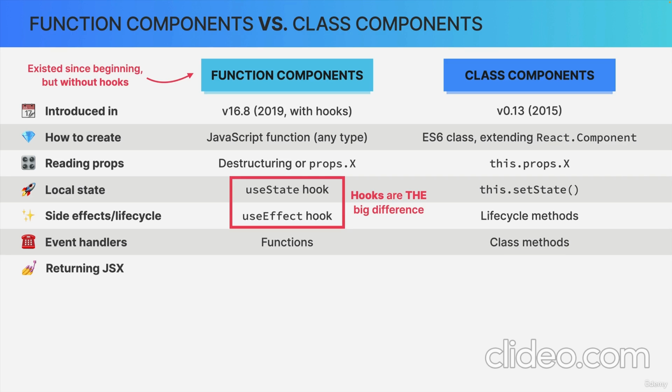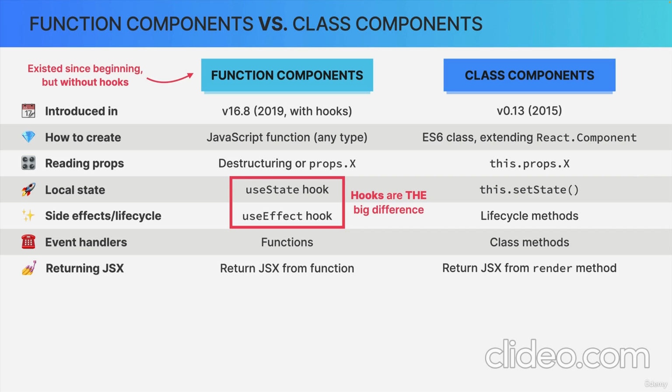Now, as for the JSX, in function components, we return our JSX from the function, while in class components, we need to return JSX from a special render method, which is yet another React-specific thing that you need to remember when you work with class components.